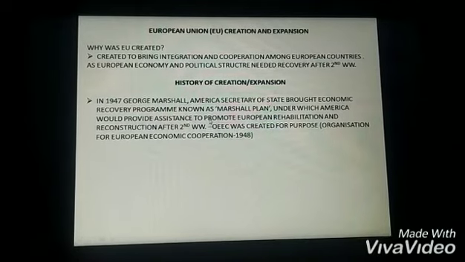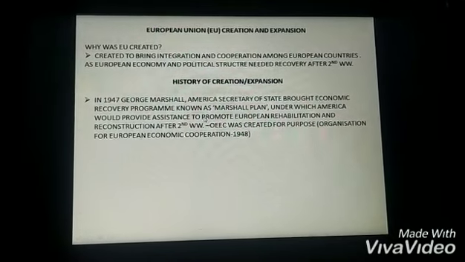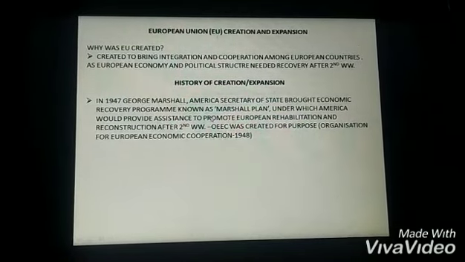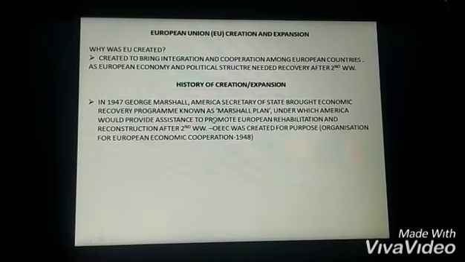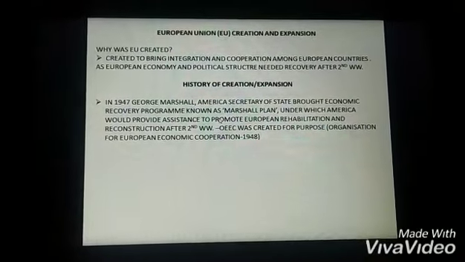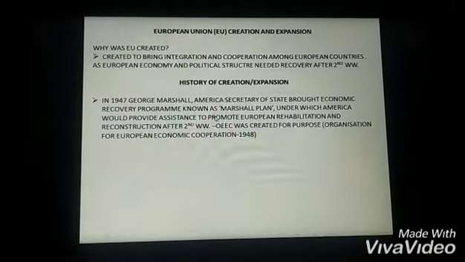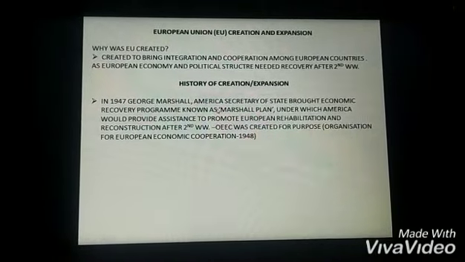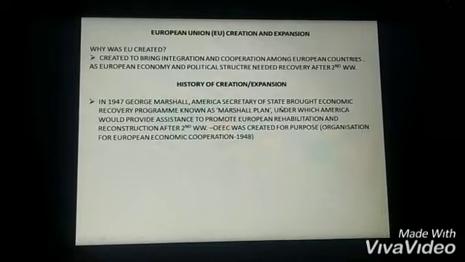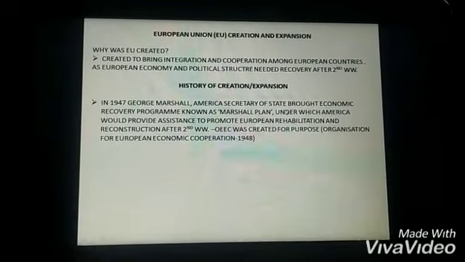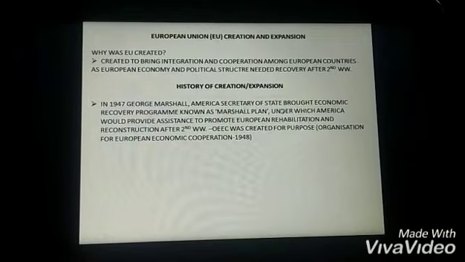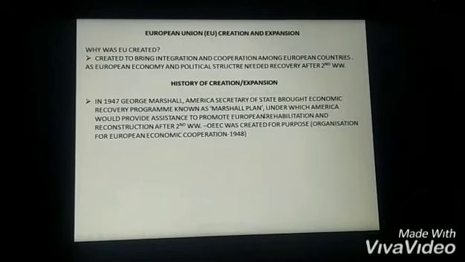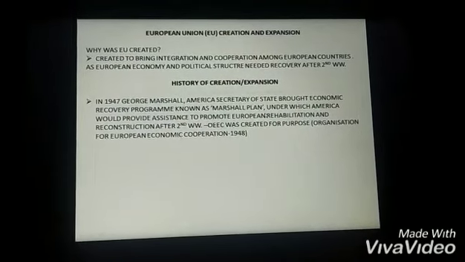It was during the Cold War, after the Second World War, they were having the Cold War, and in order to contain the spread of communist ideology in Europe, George Marshall, the Secretary of State of USA, brought up this plan to give assistance so that the European countries do not fall into the hand or the influence of the communist ideology or the Soviet Union.